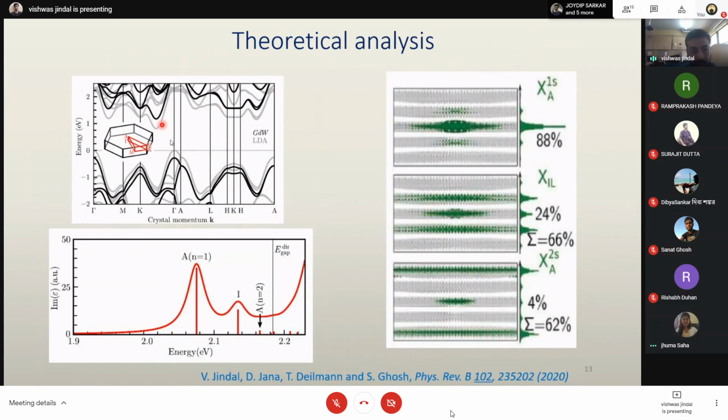So this is the indirect gap. But the fundamental direct band gap, which is the lowest direct band gap, lies at the K point. This is where we are actually probing when we do all these R and photoreflectance measurements. You will still get some response because this is also a local minima. There will be some electrons and holes there, and this is why you're getting this kind of response.